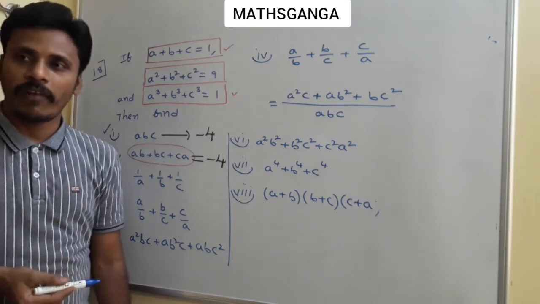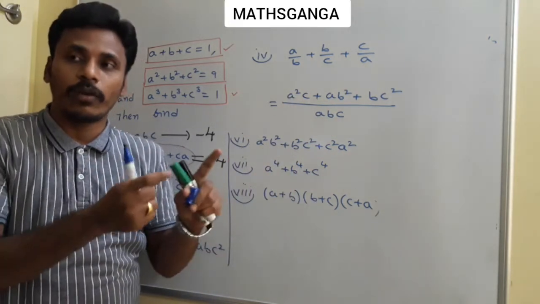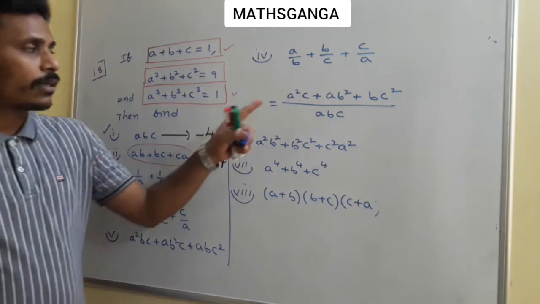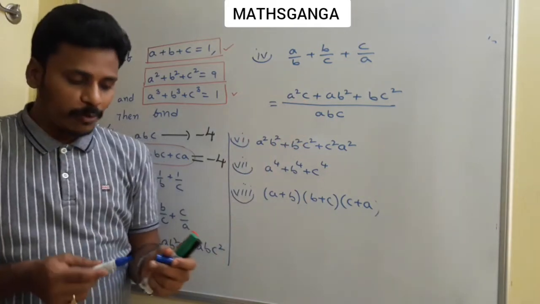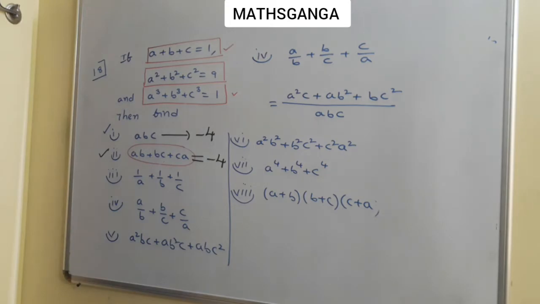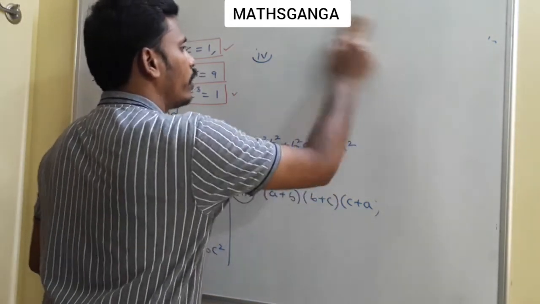Okay, see, we can't find it. The denominator is symmetrical, whereas the numerator is not symmetrical actually. a square, b square, c square is there, but they are not symmetrical. a square c is there, why not a square b? See, what I am going to tell you is, this is not easy to find, a by b plus b by c plus c by a without knowing the values, and that's why you just leave that.